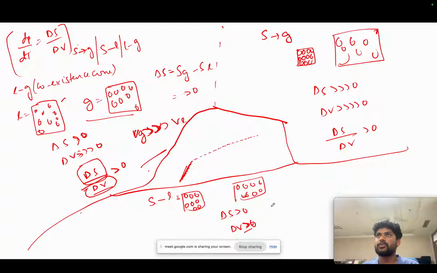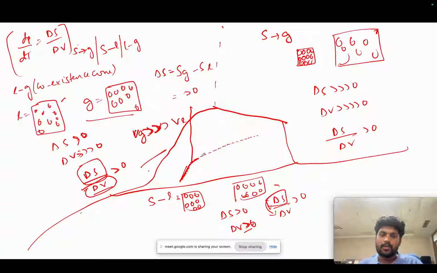If you take a small ice cube and put it in the ice tray, we can see that the volume occupied by the solid will be more or slightly less than the volume occupied by the liquid. So that's why I gave delta V as greater than or equal to 0. So here it is greater than 0, but this component is much bigger than this one. So that's why we have the steepest graph.